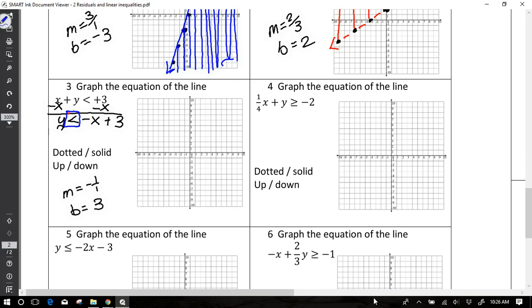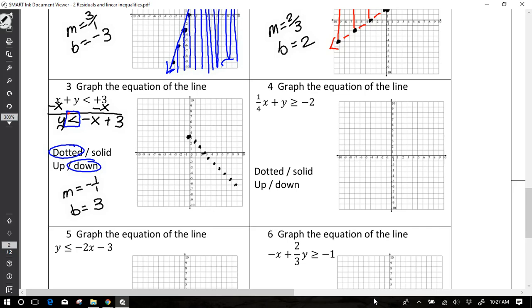Okay, so dotted and down. So let's plot my y-intercept at +3 on the y-axis. My slope is down right. Forgive me. Down right, down right, down right, down right, all the way across my graph.